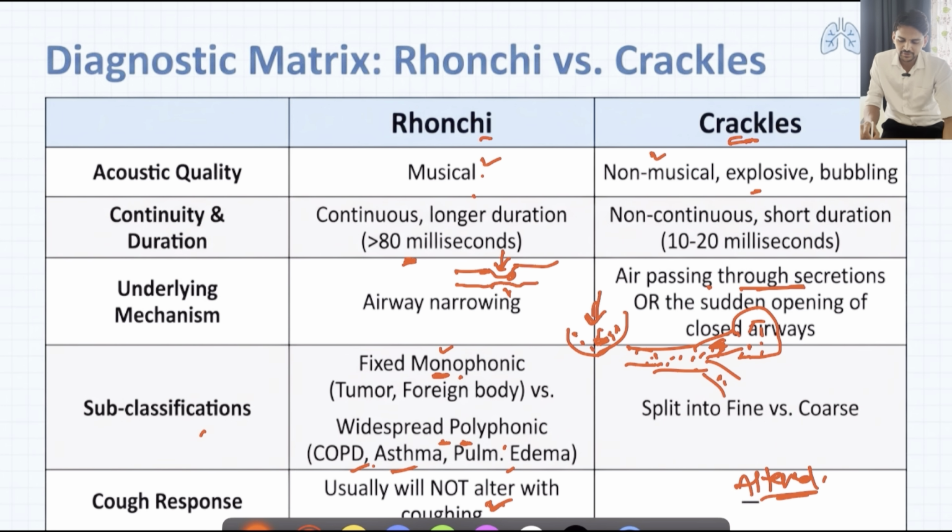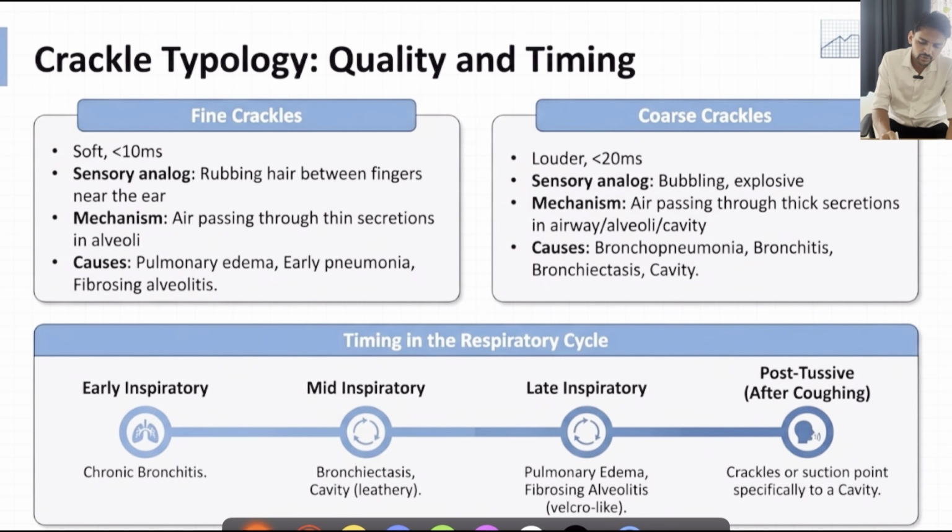And crackles are further subdivided into fine and coarse crackles. So what are these fine crackles? These will be usually soft but lasting for very short duration, that is less than 10 milliseconds. If you rub your hair between your fingers near your ear, whatever the sound will be there, that is typical of fine crackles. And what is the mechanism for this fine nature? Air is passing through thin secretions in the alveoli. So the secretions are quite thin.